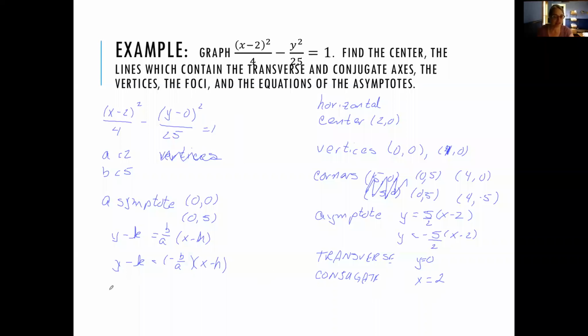The foci. In order to find the foci, we need to find c. And c, remember, is the square root of a squared plus b squared. In this case, that's going to be the square root of 29, which is approximately equal to 5.39.